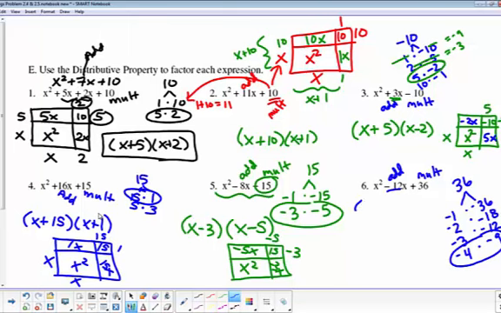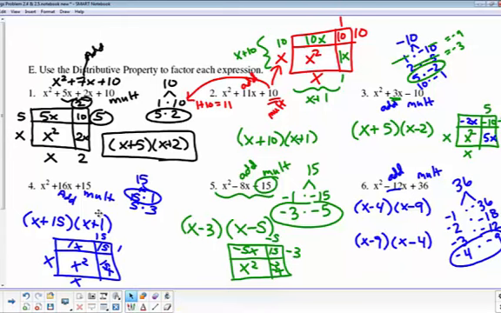So again, our two factors are x minus 4 and x minus 9. It is totally acceptable to have the 9 first and the 4 second. It does not matter because multiplication is commutative.